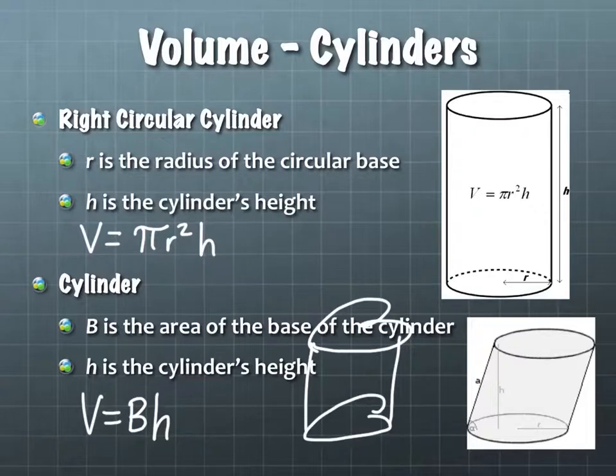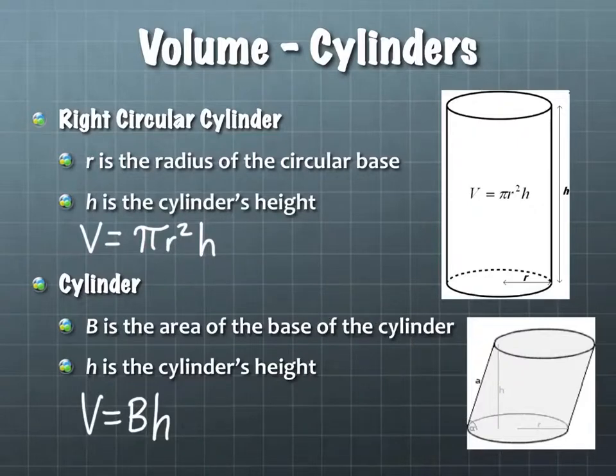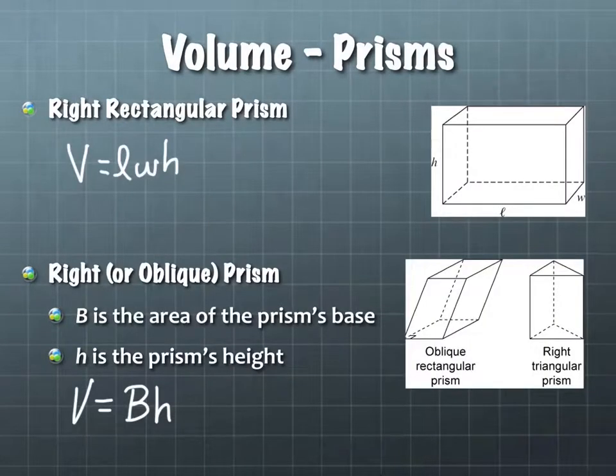It could have anything, actually, but this gives us more flexibility. We could have some other type of shape on the bottom, but we find the area of the base and then multiply the height just like we would if we found the area of the circle on the bottom and multiplied by the height. All right, so cylinders are very similar in their formulas to prisms. That's why these are sort of grouped together.